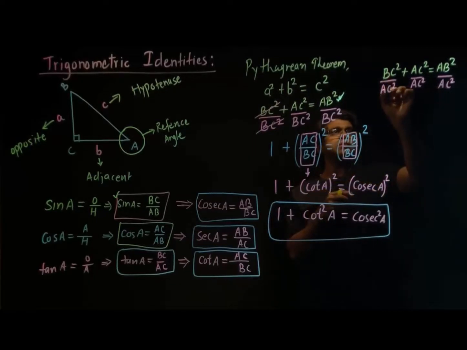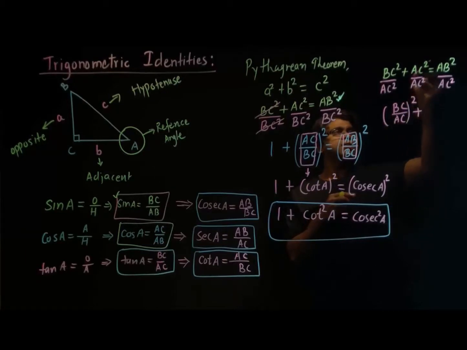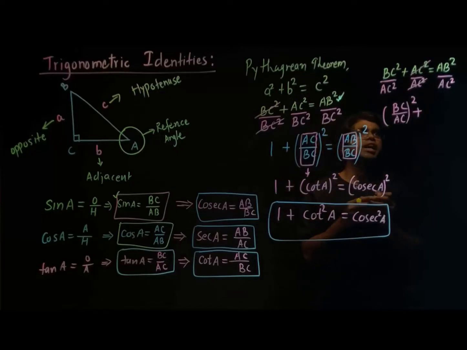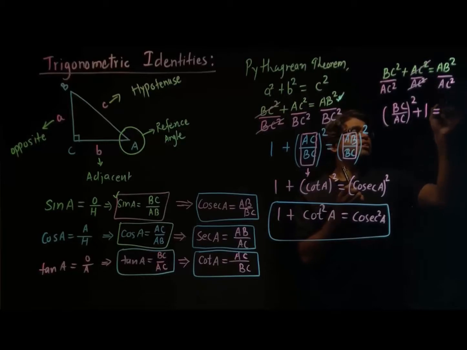So the first term is BC squared over AC squared. If I simplify, I can write that as BC over AC whole squared, plus the second term has the same numerator and denominator, so I can cancel them out and I will be left with 1, is equal to AB over AC whole square.